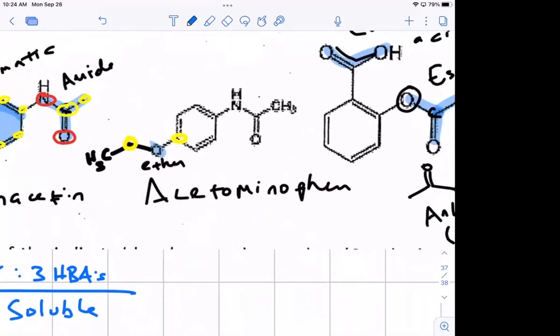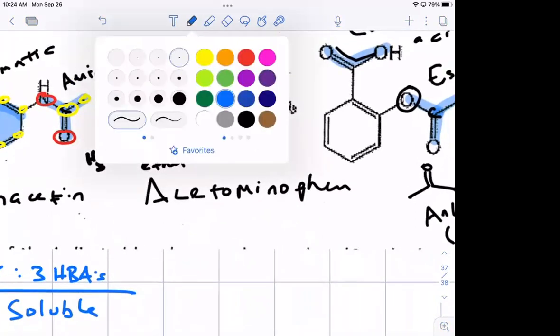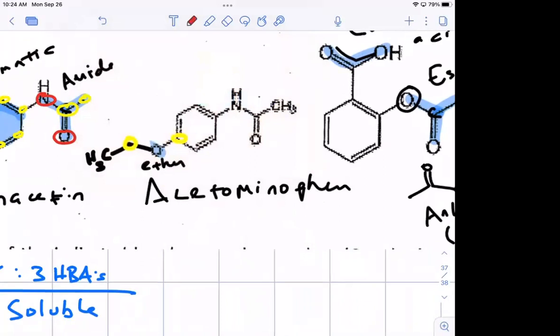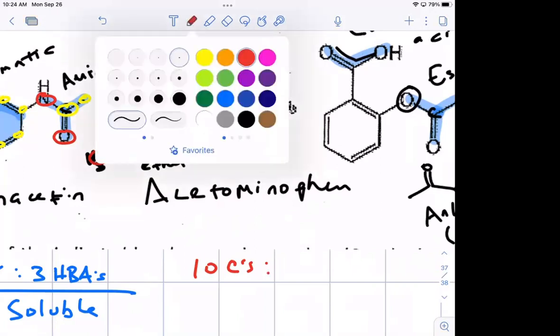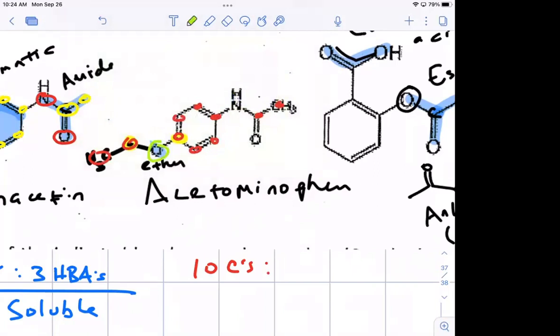All right. What about acetaminophen? Let's do that one. Let's count the carbons up first. 1, 2, 3, 4, 5, 6, 7, 8, 9, 10 carbons. And then we have, 1, 2, still 3 hydrogen bonding atoms.